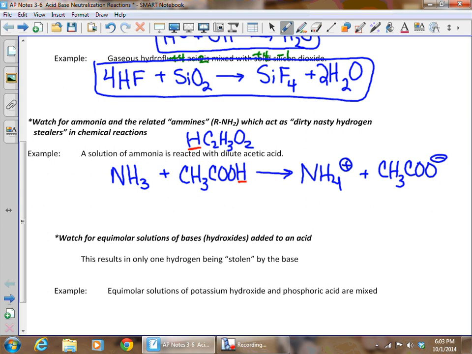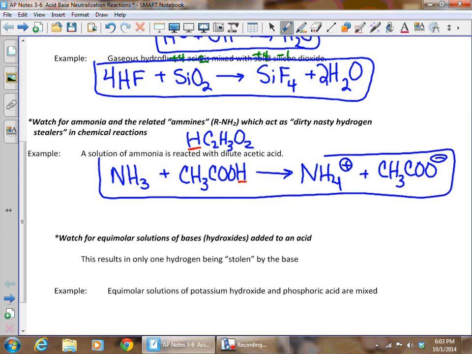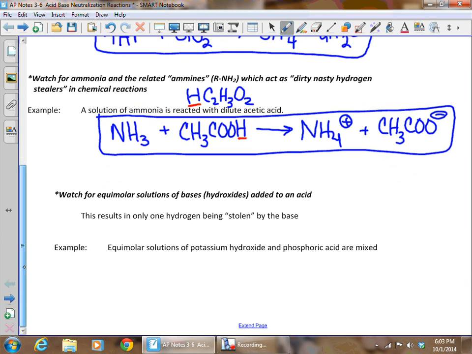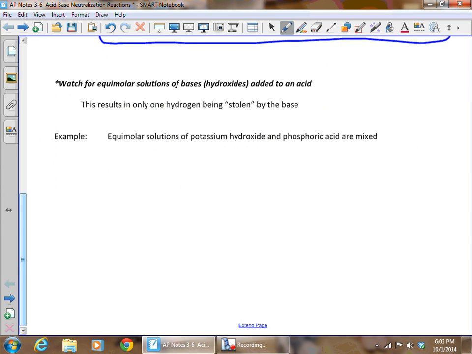NH3 is molecular, and CH3COOH is a weak acid, so it's going to stay in that form. Once again, we have to watch for equimolar situations. Equimolar situations mean that we are, again, going to be working with a one-to-one reaction. So let's see how that plays out.